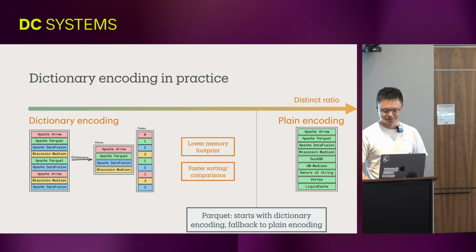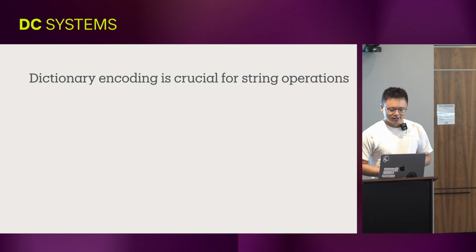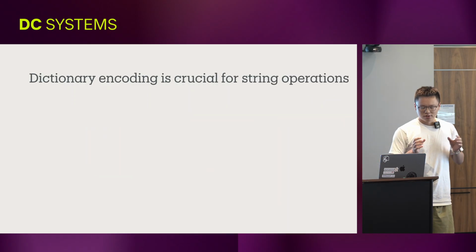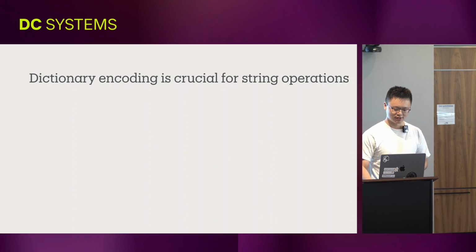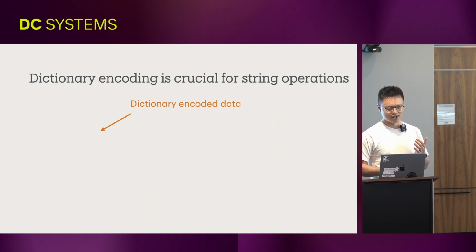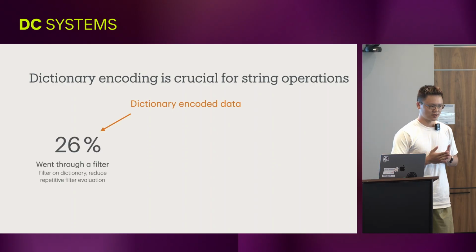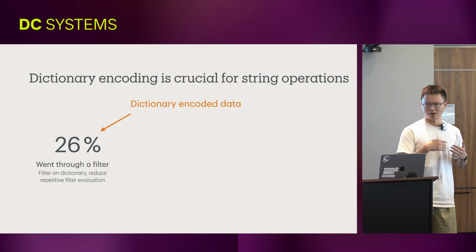There's a heuristic there. And dictionary encoding is not only important for string storage, it's also important for string operations. For example, we look at the string encoded data and how they are processed once read back. We found that 26% of the string columns run through a filter.